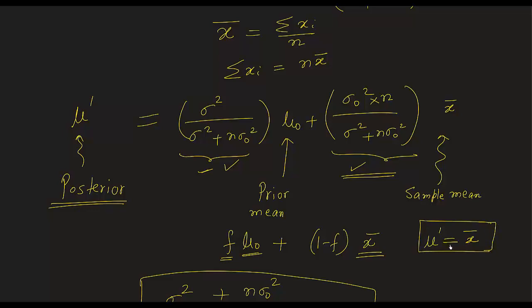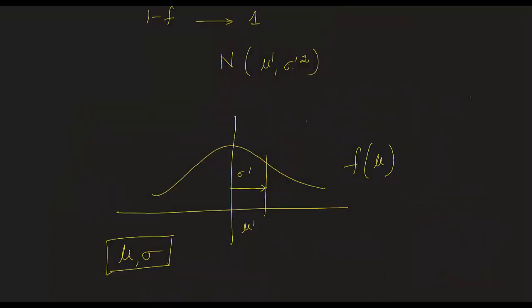In another extreme, if my data set is very small, in that case mu dash is equal to mu naught. So this all makes sense basically. If you have a very large data set, my posterior mean is basically equal to the sample mean, because I am not going to rely on my prior information.